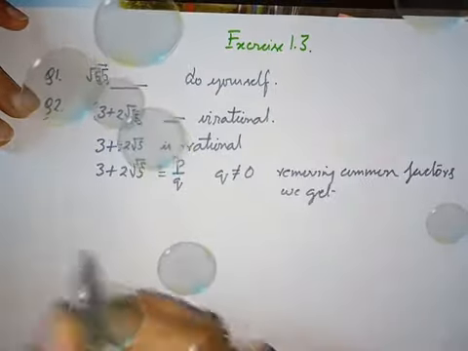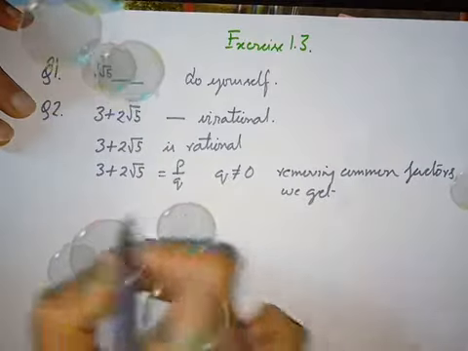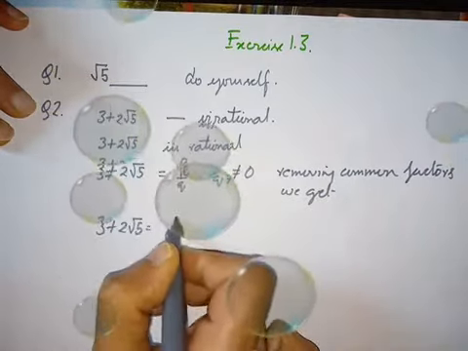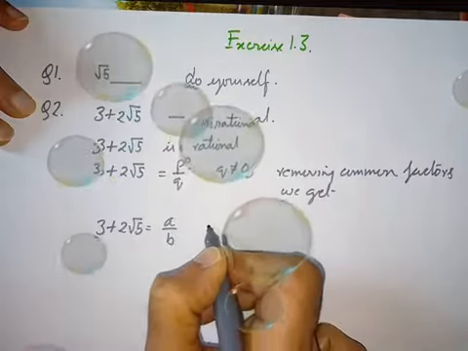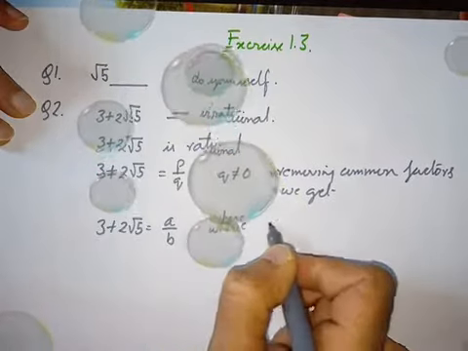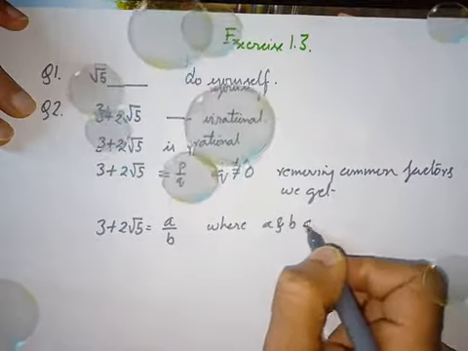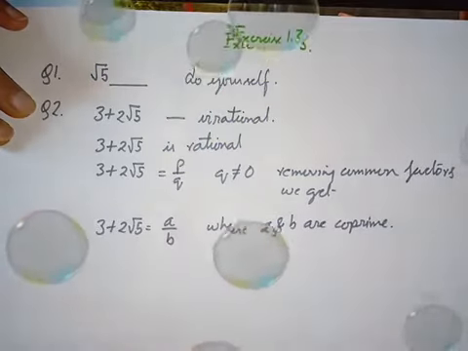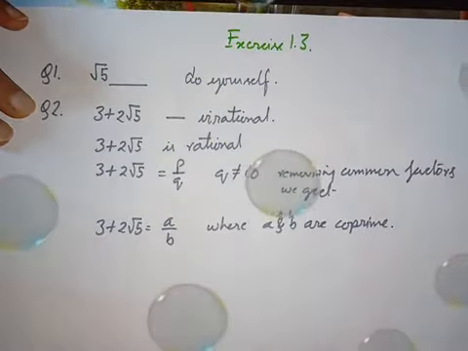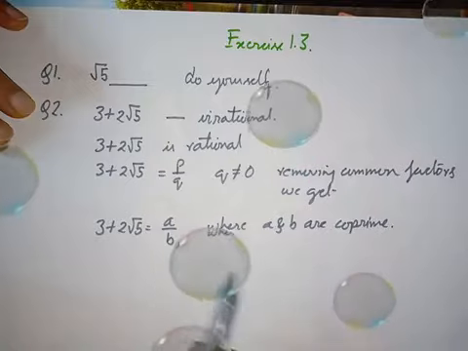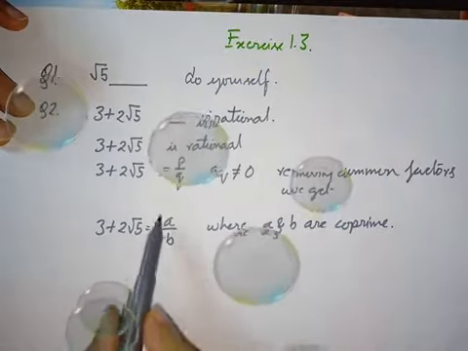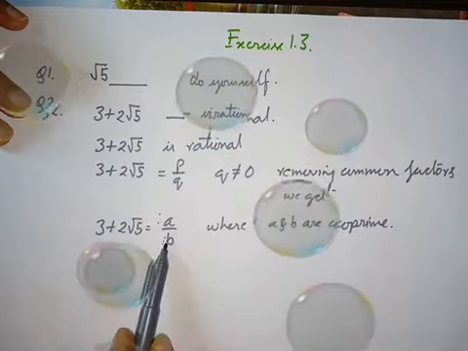After removing all the common factors, let us get 3 plus 2 root 5 is equal to A upon B, where A and B are co-prime. So up to here, it is clear that A upon B is in the form of P upon Q, hence it's a rational number.